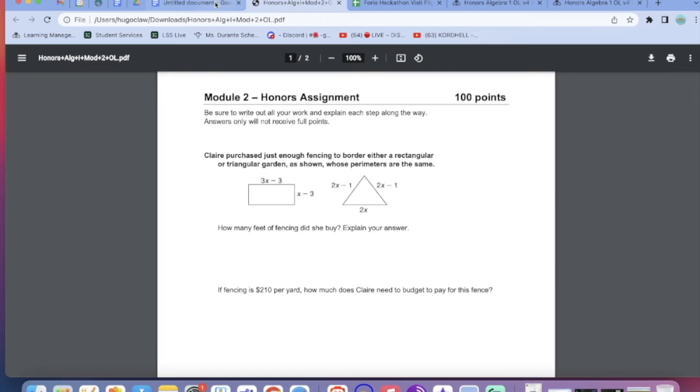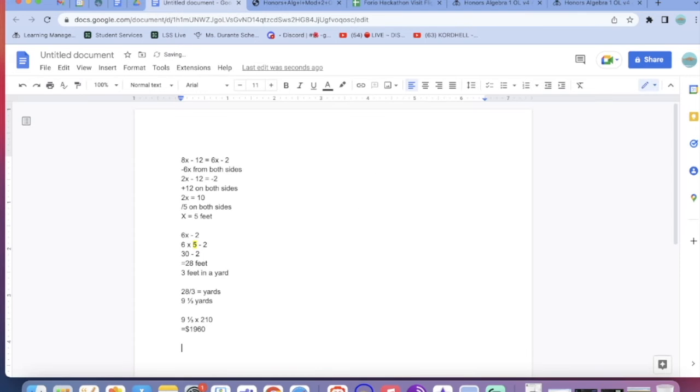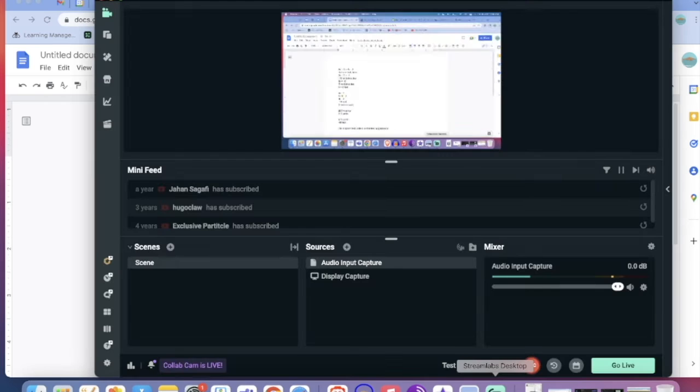So Claire spent $1,960 on her fencing perimeter. So that's my explanation for part 1, and I'll be doing part 2 later.